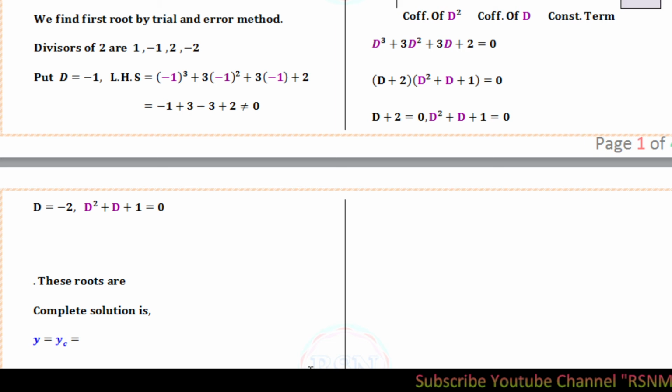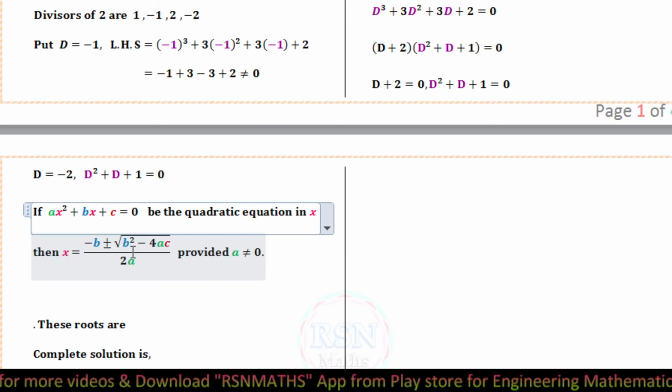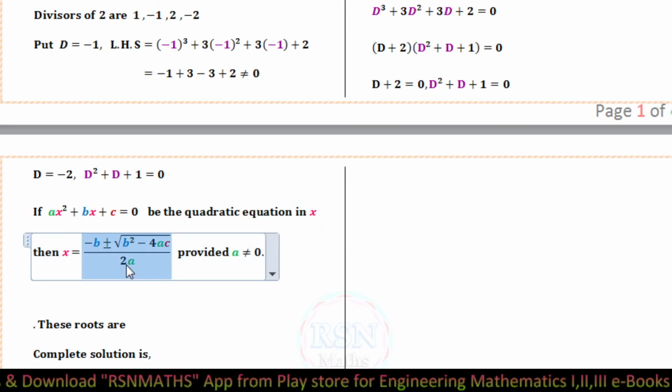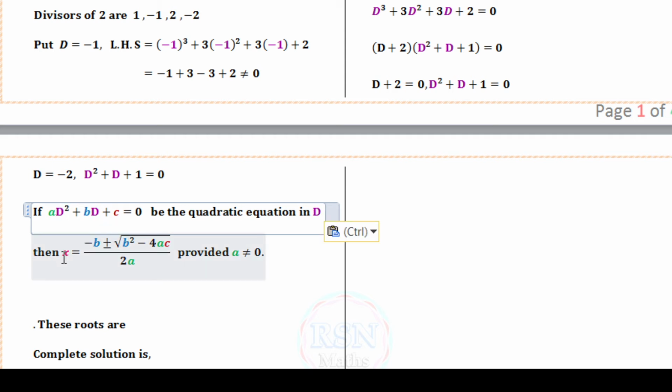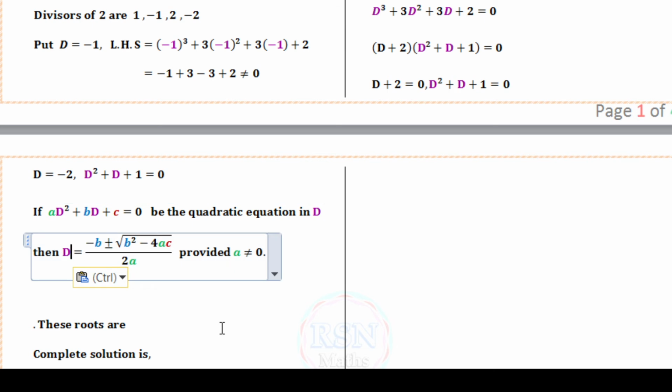If ax square plus bx plus c is the quadratic equation in x, then the value of x is minus b plus or minus root of b square minus 4ac upon 2a. But here in place of x, the term d is present. Yes or no? Okay, that's why we have to write this quadratic equation in terms of d.